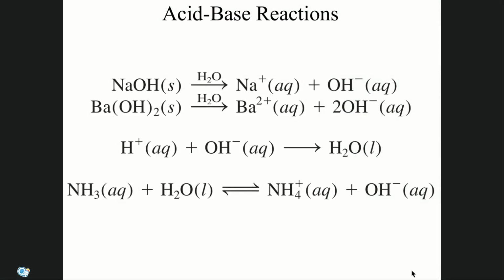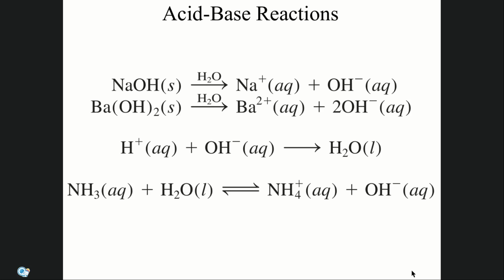Sodium hydroxide and barium hydroxide are strong electrolytes. This means they are completely ionized in solution. The OH minus ion can accept a proton through these equations. Thus, OH minus is a Brønsted base.